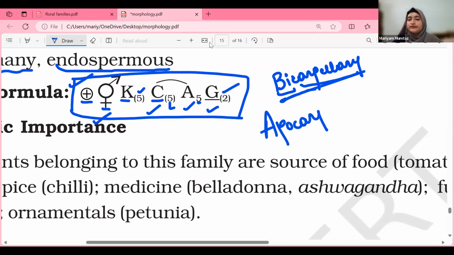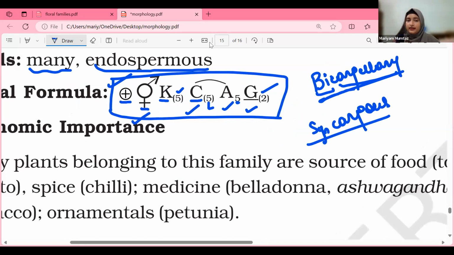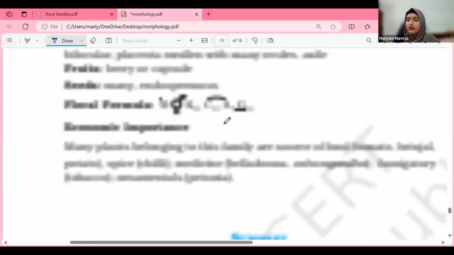See, this is what you have to learn. Okay, there is no trick here. Apocarpous is the opposite of syncarpous. But here the gynoecium is syncarpous, isn't it? Why? Because there is a bracket present. So now with this you can explain a lot about the family, isn't it? So now you can write the floral formula of Solanaceae on your own.